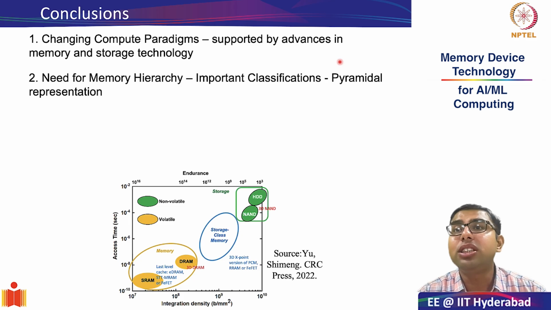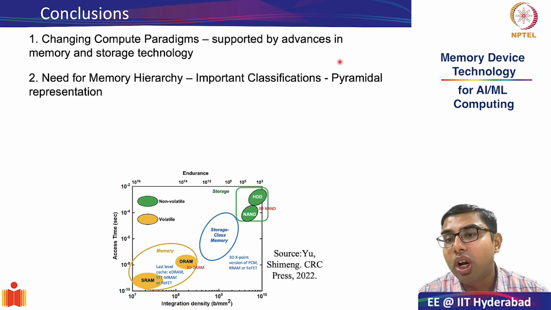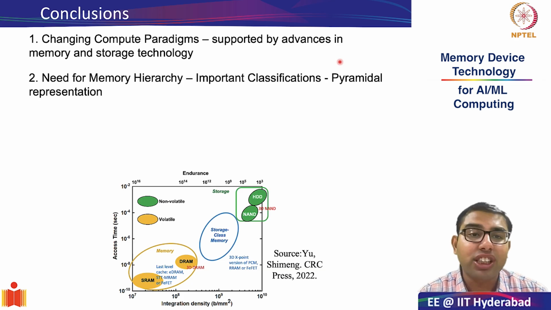To supplement this, we discussed the memory hierarchy, the important classifications, and the need to organize the memory hierarchy in a pyramidal fashion. Please recall, it was essentially the trade-off between capacity and latency.